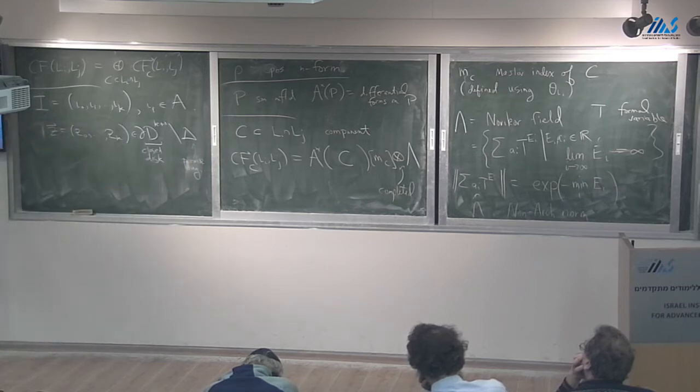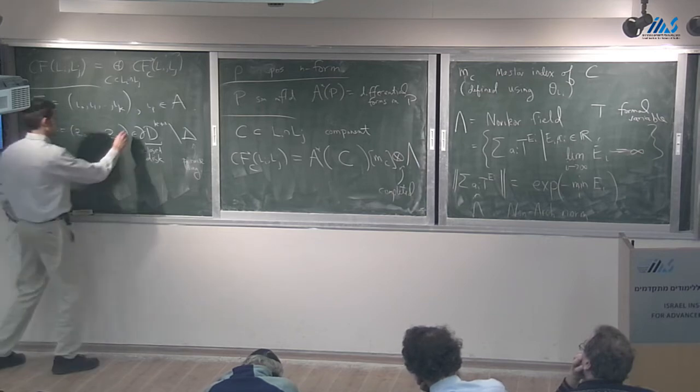Is that the dimension of the disk, or is it k copies of the disk?